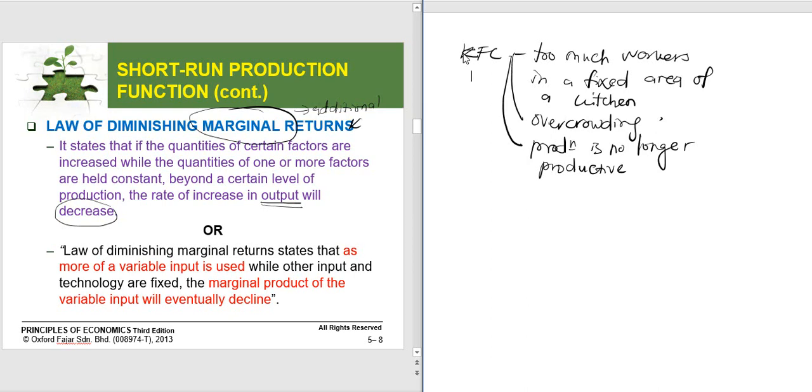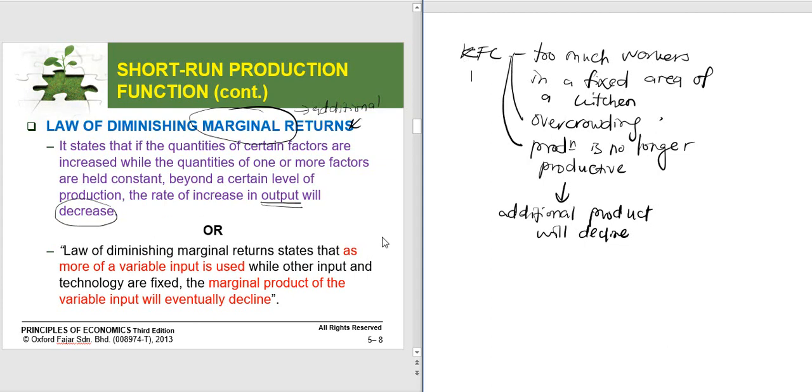Too many workers in a certain area. So this is what we call the law of diminishing marginal return. So this will cause the additional production to diminish. Additional production will decline, because these workers are no longer productive.